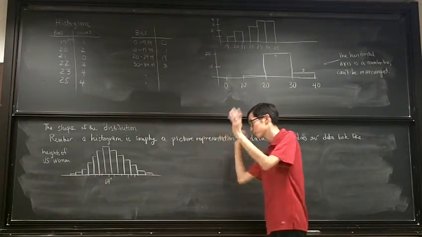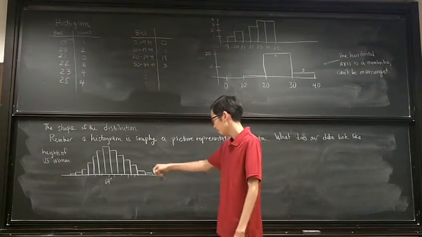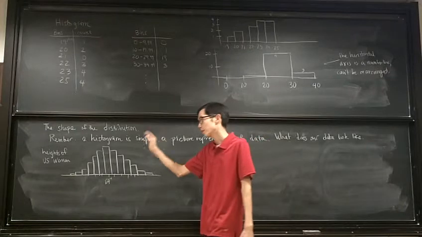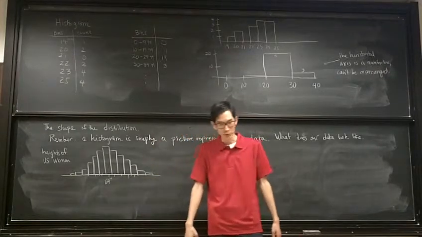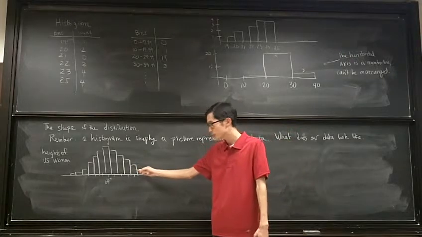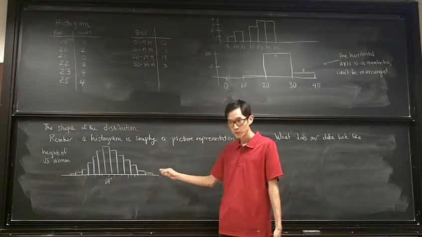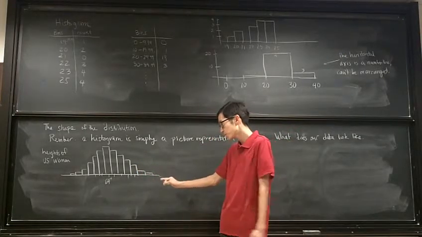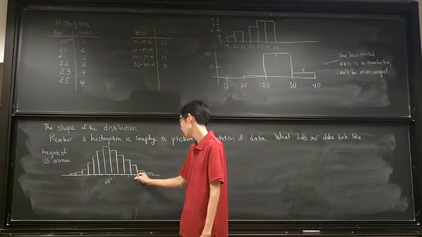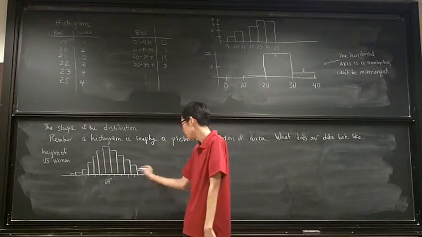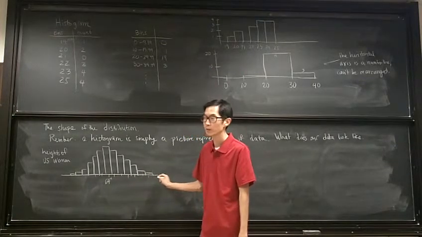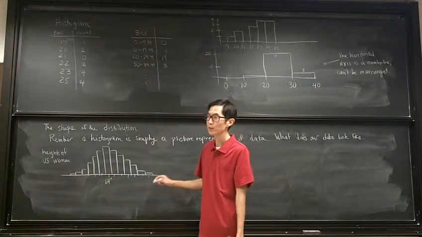Let's just say 5'4" is the most common height, and yes, we have women who are taller than 5'4", but the farther you are away from 5'4", the fewer we have.